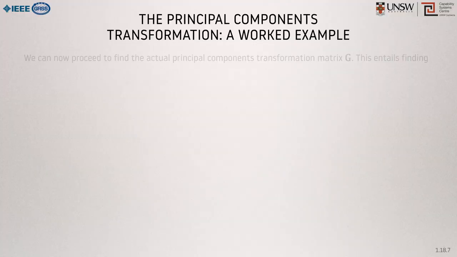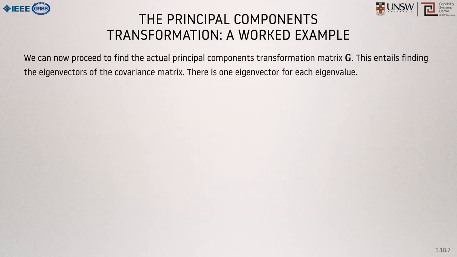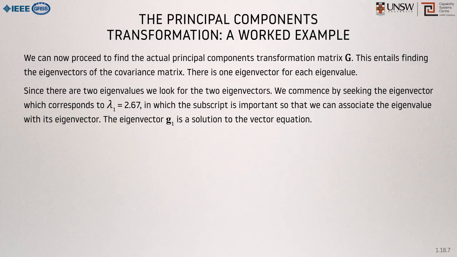Having found the eigenvalues, we can now proceed to find the corresponding eigenvectors. When we have done so, we will then be able to form the transformation matrix G. There are as many eigenvectors as there are eigenvalues, 1 corresponding to each. Let's start with the largest eigenvalue, which we now call lambda subscript 1.